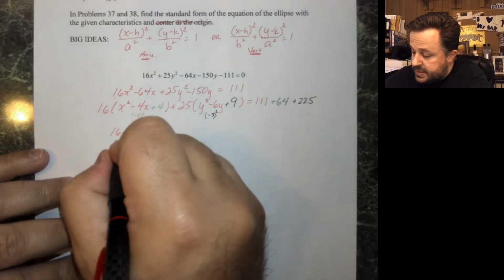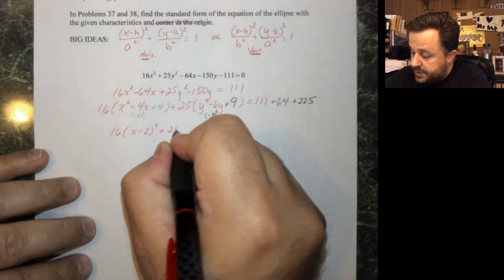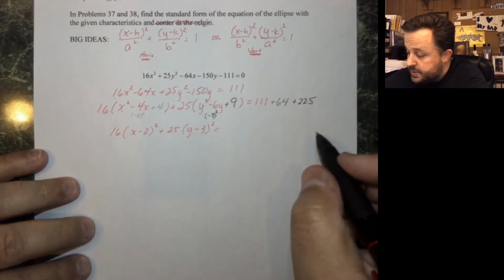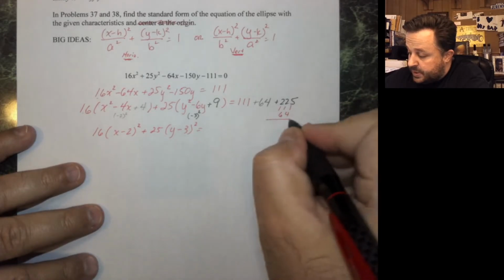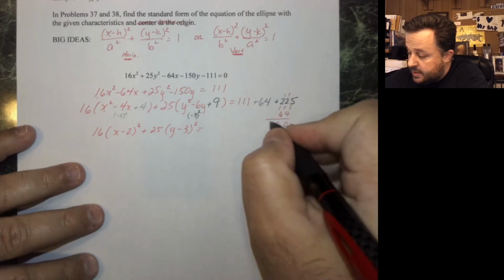So now I have 16 times (x minus 2) squared plus 25 times (y minus 3) squared equals, and then 225 plus 64 plus 111 gives me 400.